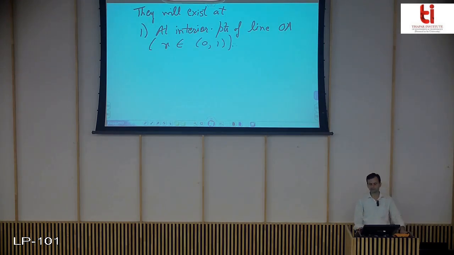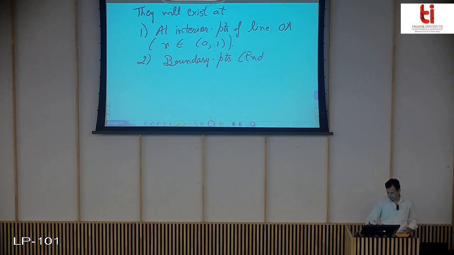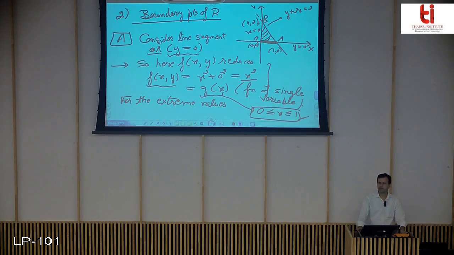These are the first place where the extrema can exist, and secondly the boundary points or end points of line OA, that is points O and A. So these are the two kinds of points. Now the whole situation changes to a single variable function. This is a different thing that we are doing here.